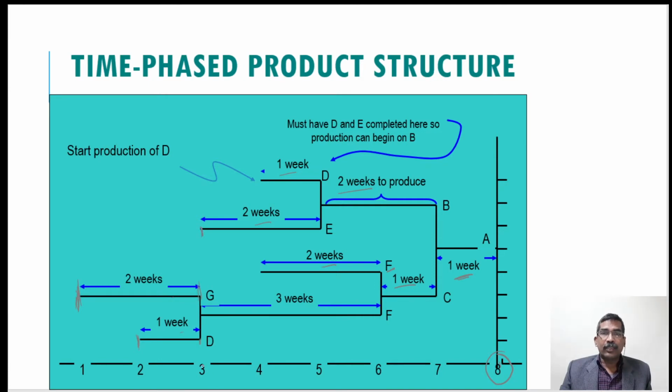You can see here this is in the third week, and for E, that is for the sub assembly C, we can again start in the fourth week, and after receiving the E and F, we can start the sub-assembly activity of C in the 6th week, and we will complete the sub-assembly of B and C in the 7th week, and 1 week is required for the sub-assembly A, that is assembly of A, and then in this way we can complete the assembly system or the production system of A in the 8th week. So this is the time frame of the product structure.